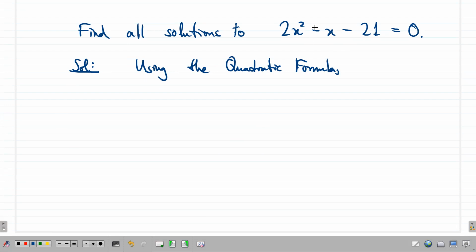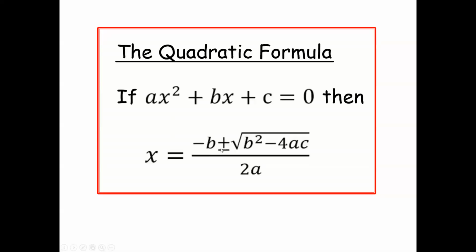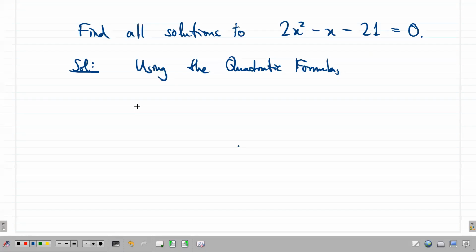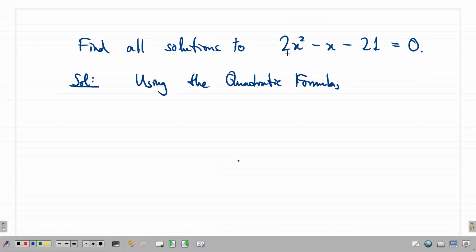The quadratic formula was this expression here, minus b plus or minus the square root of the discriminant divided by 2a. At this point, I need to plug in some numbers. So here, a is equal to 2, b is equal to minus 1, c is equal to minus 21.